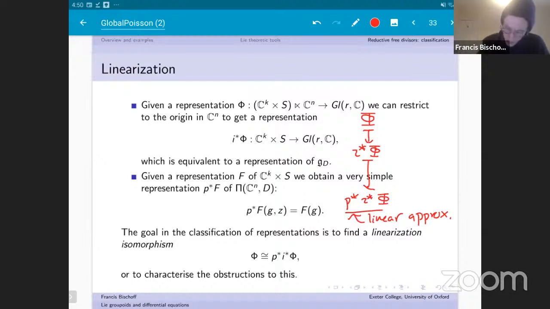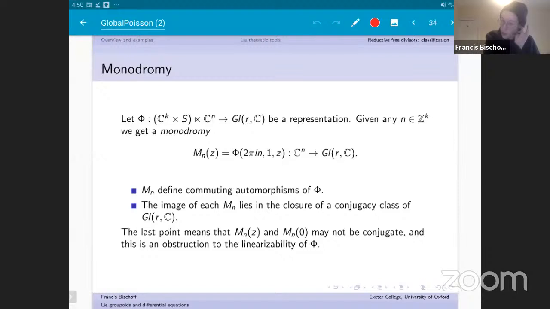In order to explain this, I need to explain the monodromy. So here again, we have a representation of the groupoid. Now given any element n in Z^k, where I'm thinking of Z^k as a lattice inside of this abelian group C^k, the points in this lattice act trivially on C^n.